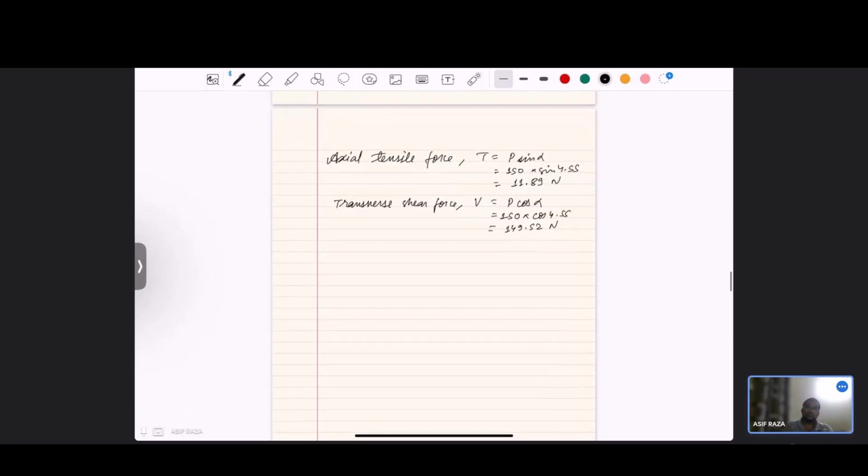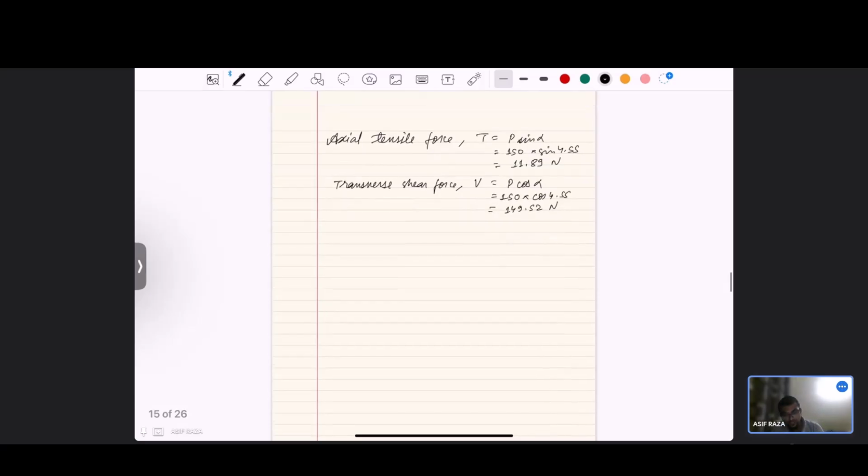Now let us work out the stresses. First, axial stress. The axial stress due to tensile force, sigma T, would be equal to T by A, that is T by pi by 4 D square.